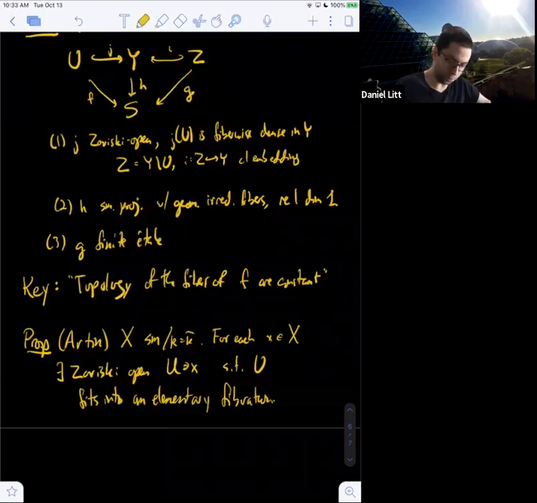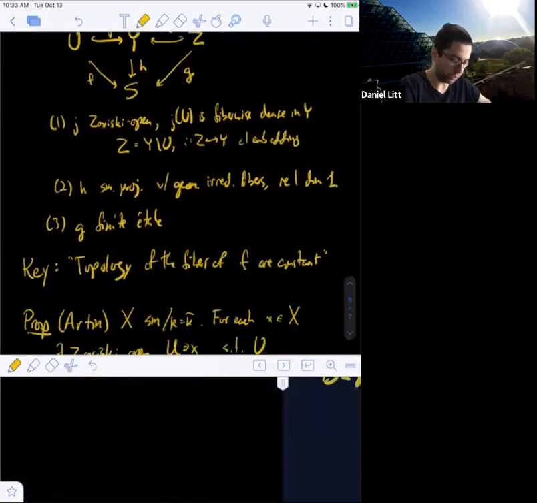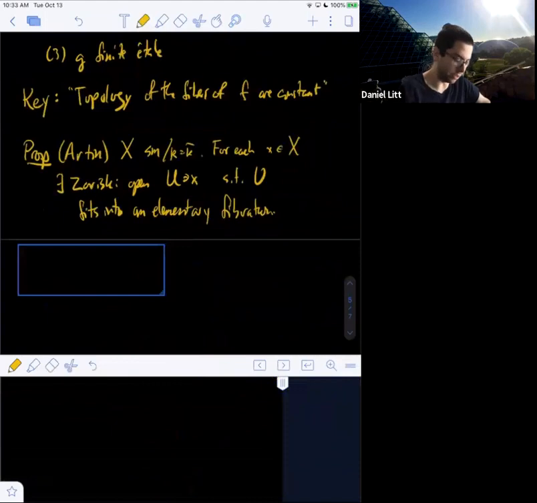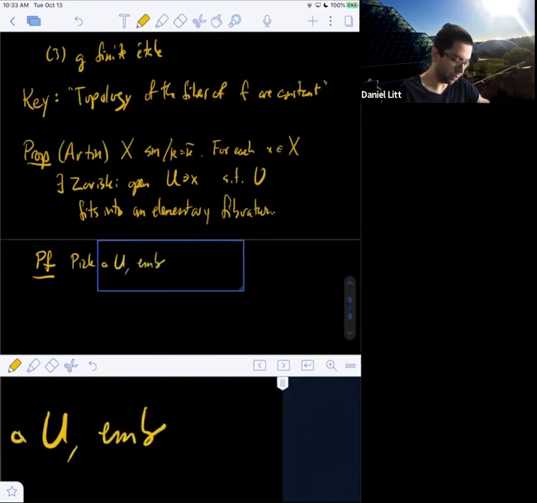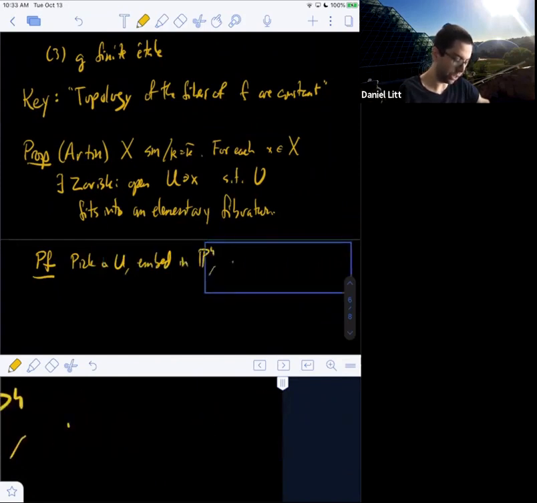All right, and I'm not going to prove this theorem because it's geometrically pretty involved. But the idea, at least, is very natural. So just pick any nice affine Zariski open U, embed in projective space, and then project down.